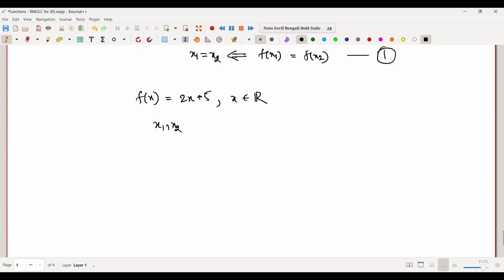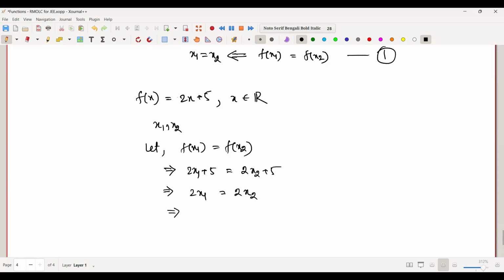For this example, we will first assume that f(x1) equal to f(x2). What does it mean? It means that 2x1 plus 5 equals 2x2 plus 5. This means that 2x1 equals 2x2, the 5 cancelled, and again the 2 cancelled. So x1 equals x2.